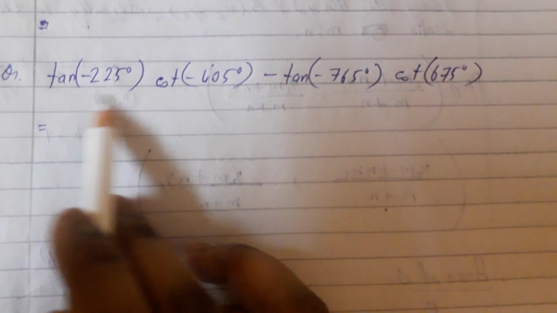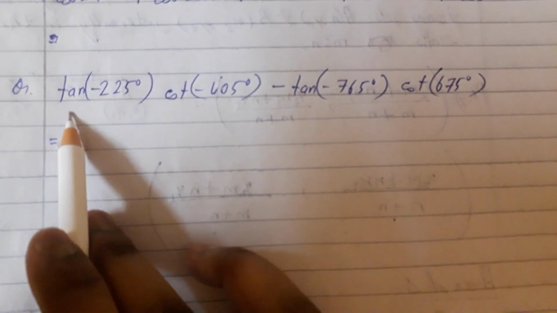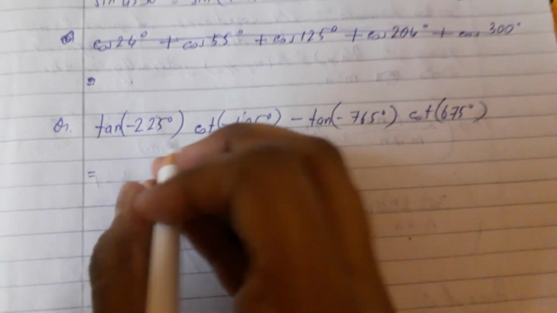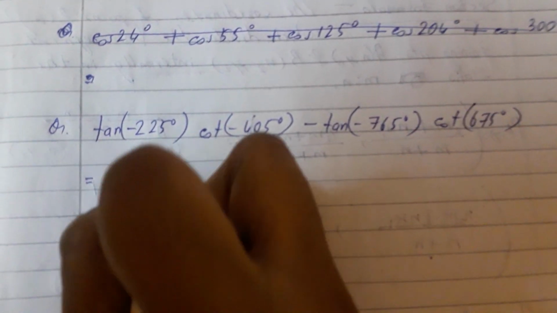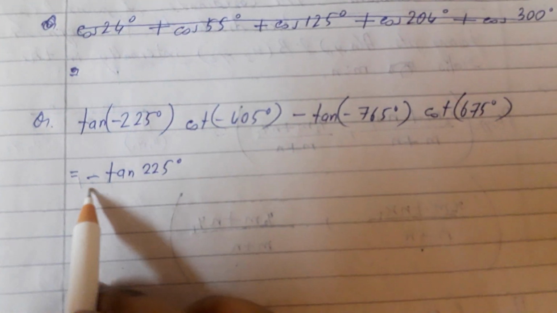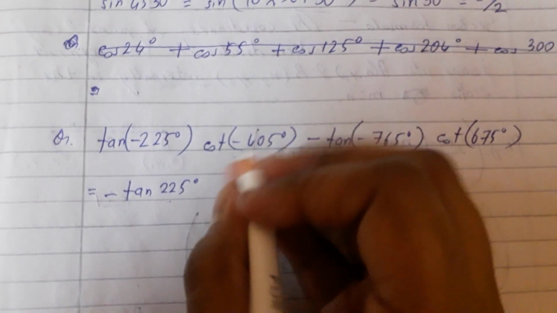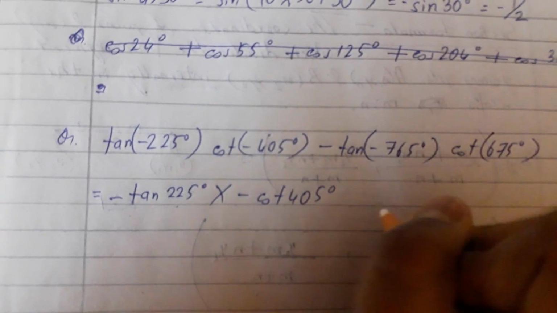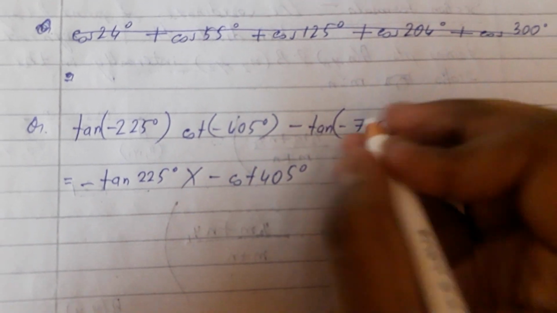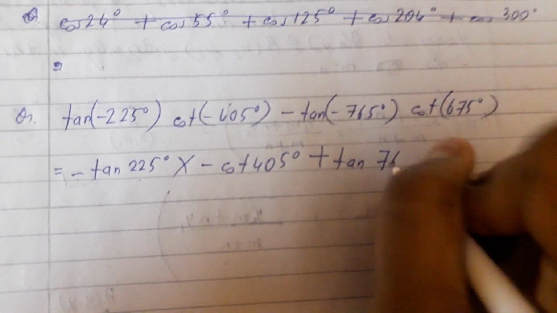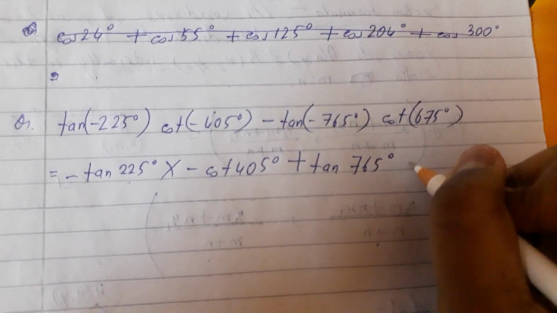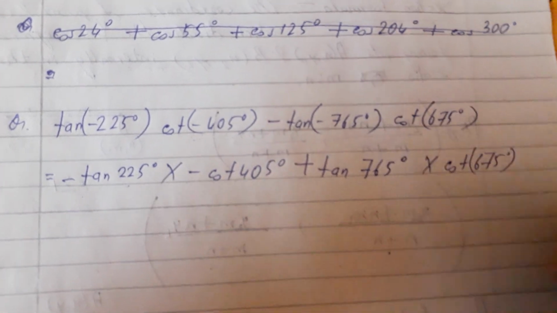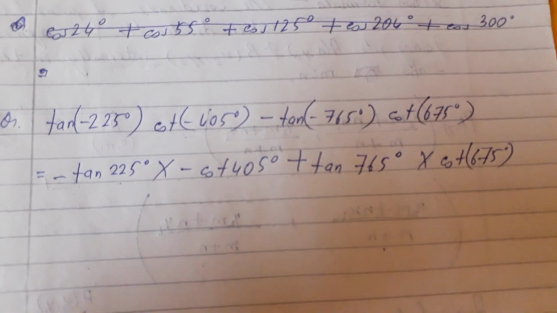Now the sum can be given in this way also. Here is given tan minus 225 degree into cot minus 405 degree. Tan minus theta means minus tan theta, and cot minus theta means minus cot theta. So this will be written as minus tan 225 degree into minus cot 405 degree, which is plus tan 765 degree into cot 675 degree. Now you have to evaluate all these degrees.